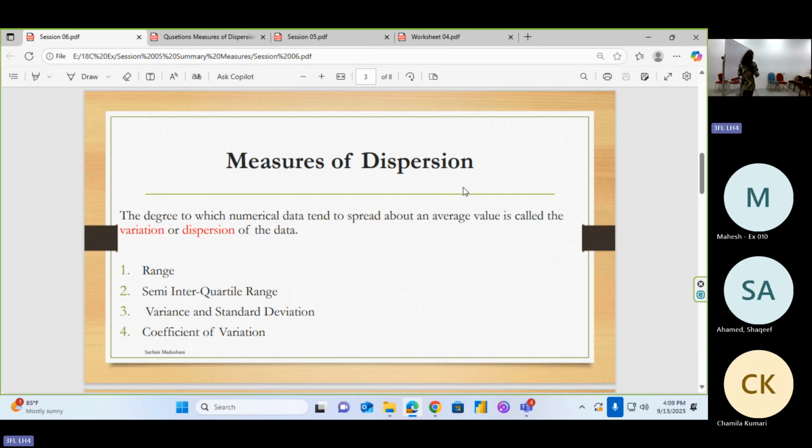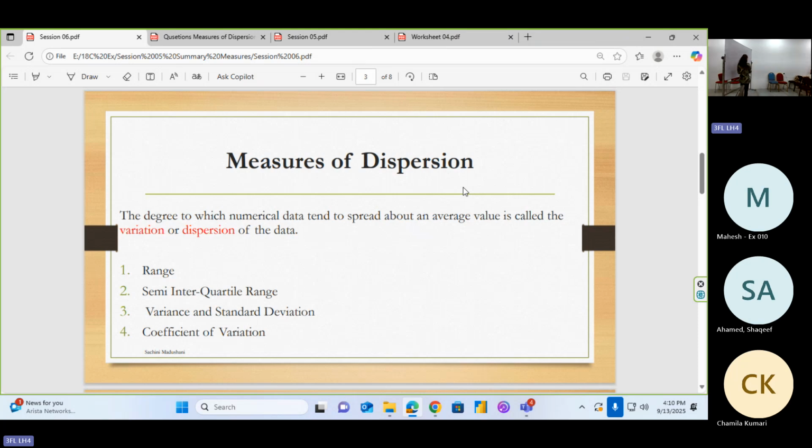Here we assume this circle represents the data set, and these are the observation values. To find out the variability, how data is distributed in this data set, we find out the spread.